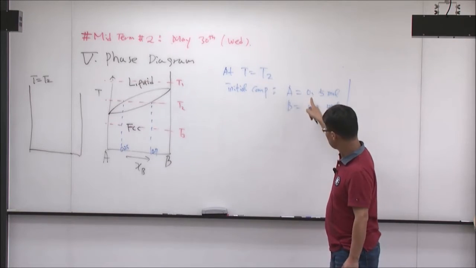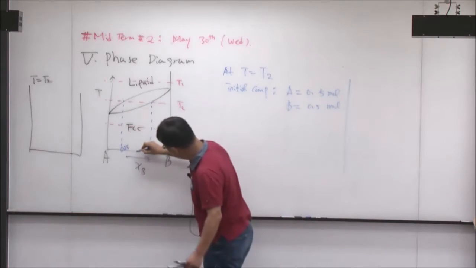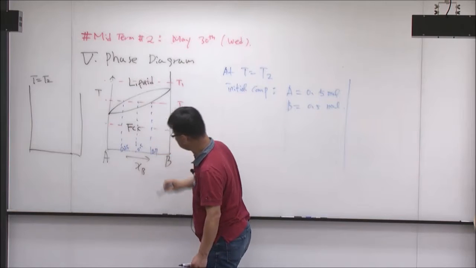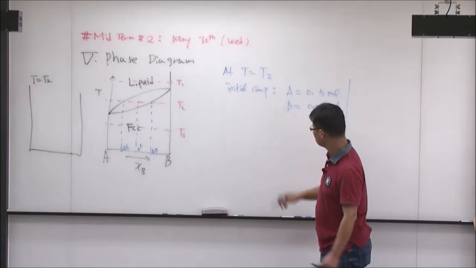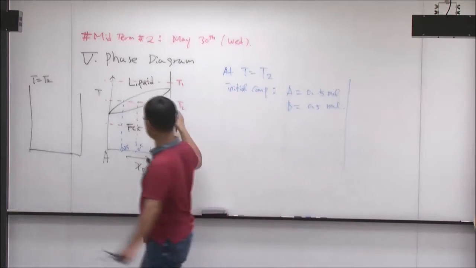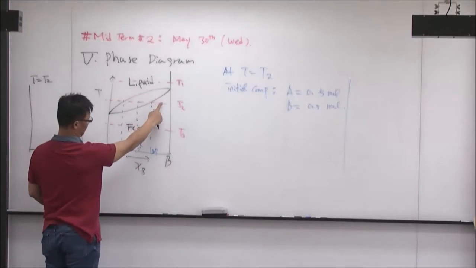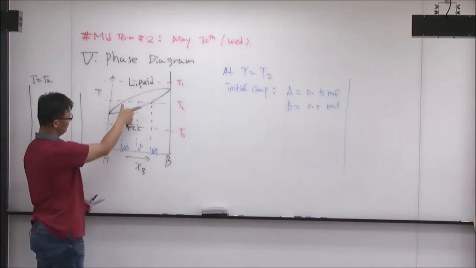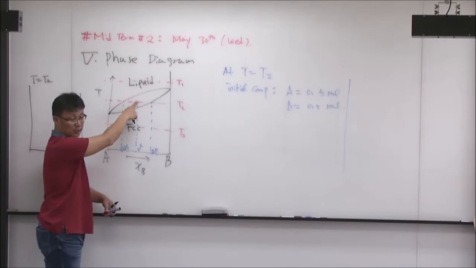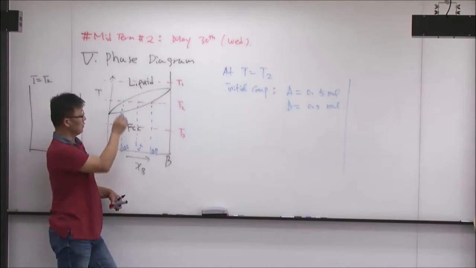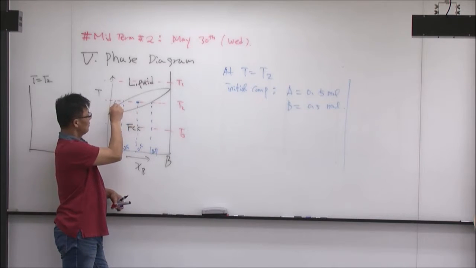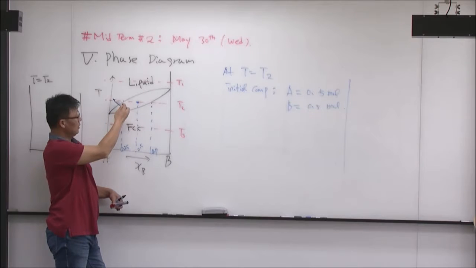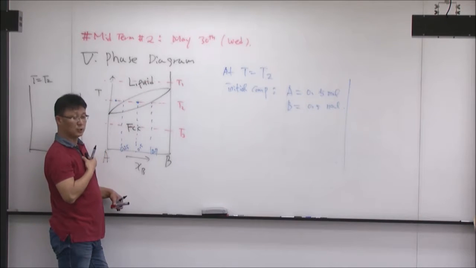So at this temperature, my actual composition is 0.5. From the phase diagram, I have liquid plus FCC. When you read the phase diagram, you always have to read it this way, always at the given temperature.